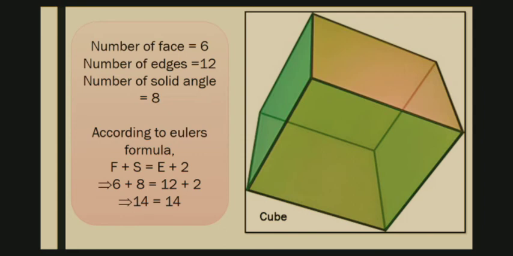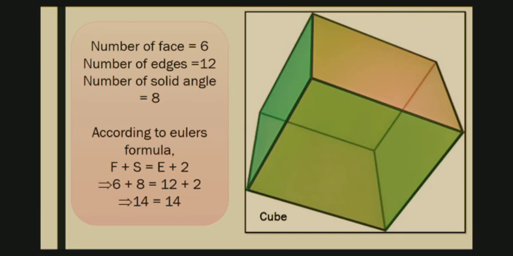If you are not able to understand what a solid angle, an edge and a face are, then please go to the previous video on the external features of crystallography. See the full video, then you can understand what a solid angle, an edge and a face are. Clear? The cube also satisfies Euler's theorem.